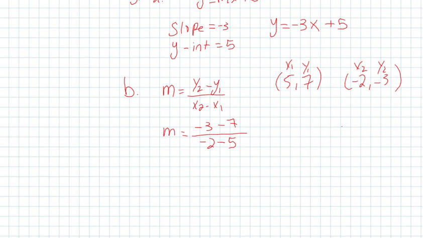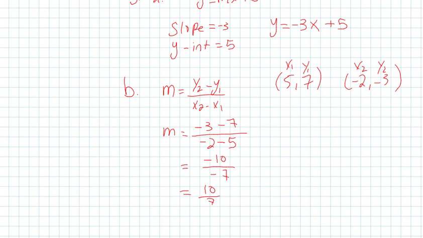So that's going to be -10 over -7, which is 10 over 7. So I found the slope. I found m. What else do I need to find the equation of the line?